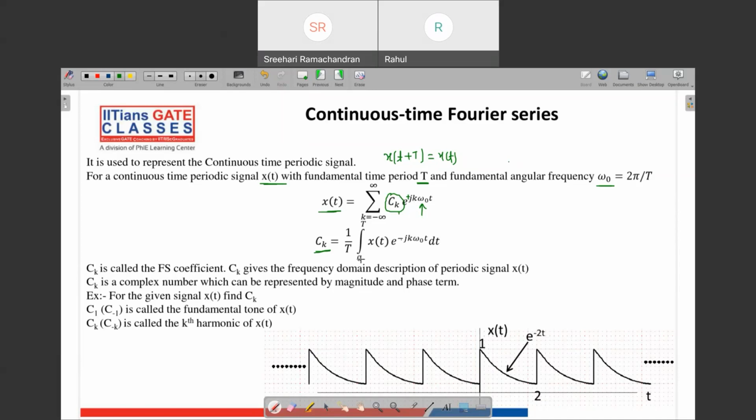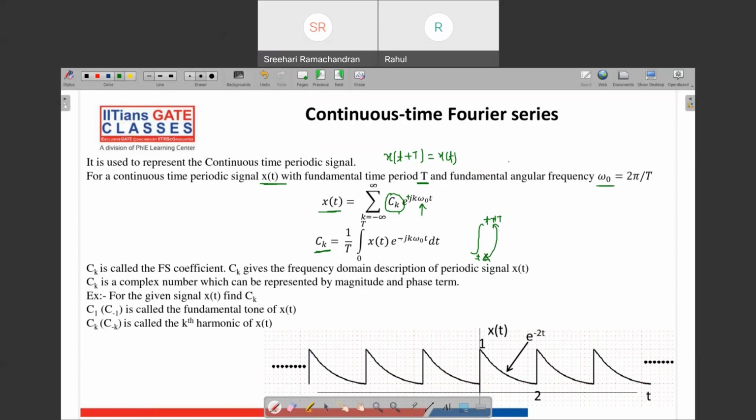And here the integration that you are doing from 0 to capital T, you can also do from minus capital T by 2 to capital T by 2. So you can choose any time window over the time period. You can take any time t and integrate to t plus capital T. This time difference has to be the time period, but it doesn't need to be only from 0 to capital T. It can be minus T by 2 to plus T by 2, or some other range, let's say T to 2T, 2T to 3T, and so on.